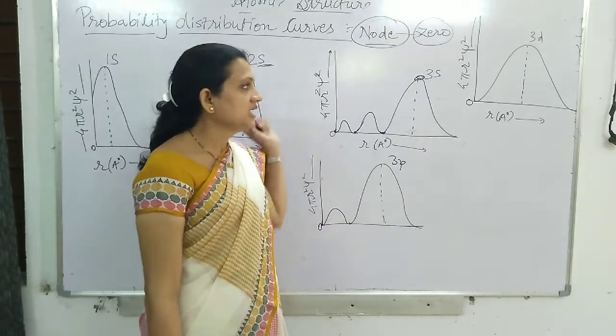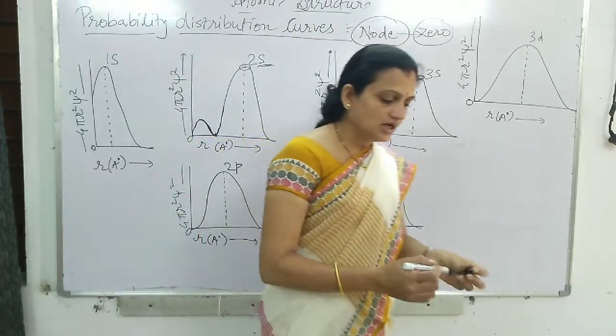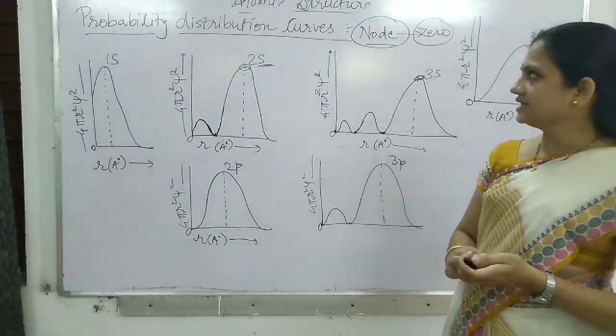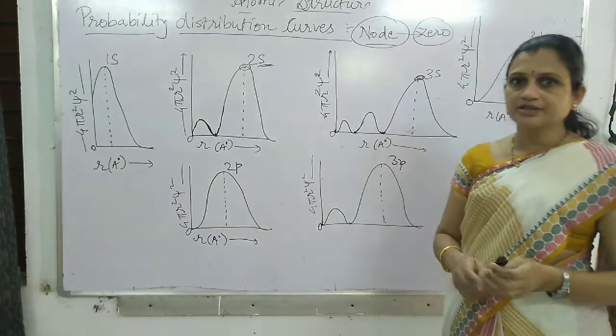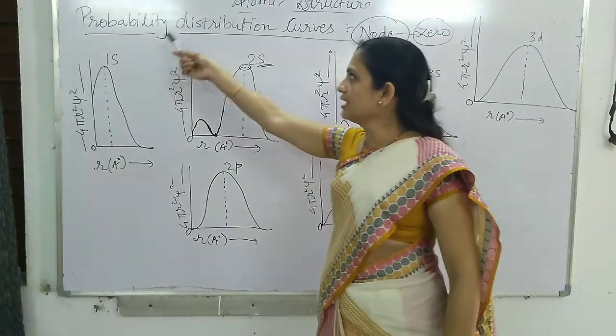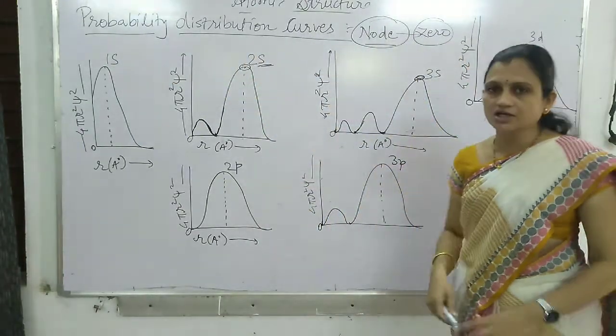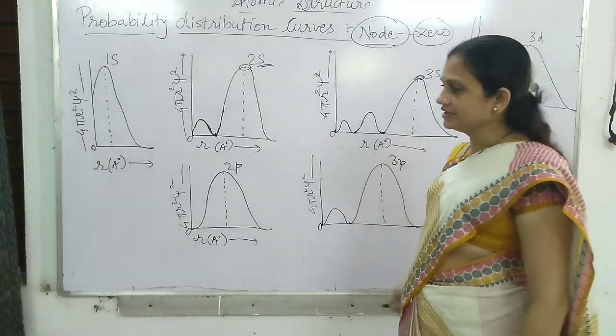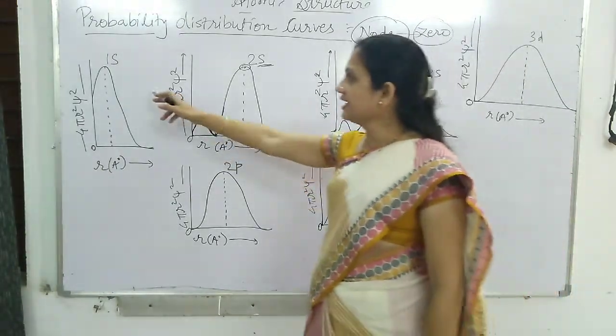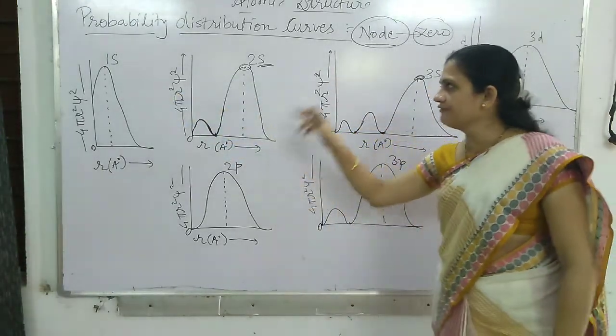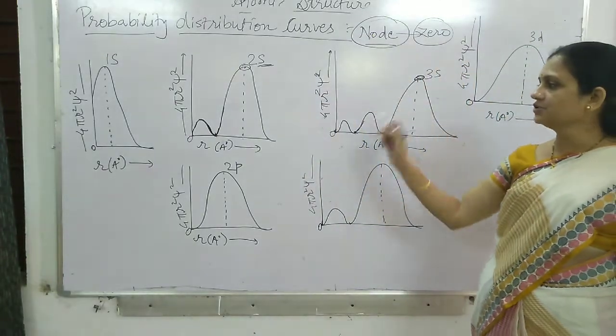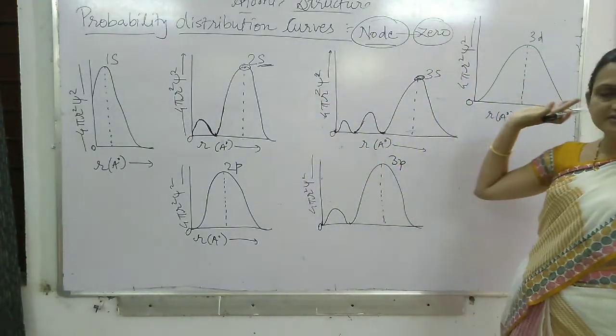So students, these are the different curves for different orbitals, and these curves are known as probability distribution curves. We have taken the example of every orbital: 1s, 2s, 2p, 3s, 3p and 3d.